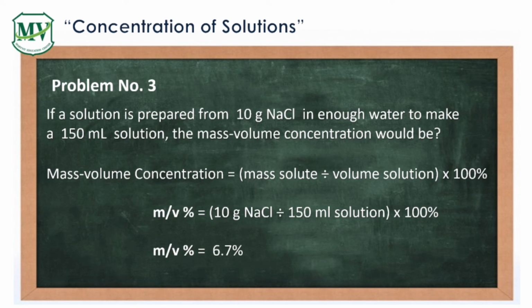The final or the total volume of the solution to be mixed is given. That's why this problem is again pretty much straightforward. You need only to replace the variables in the equation with the numerical data supplied. Do the math and you will get 6.7%.